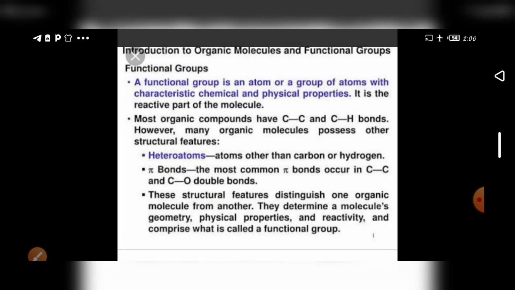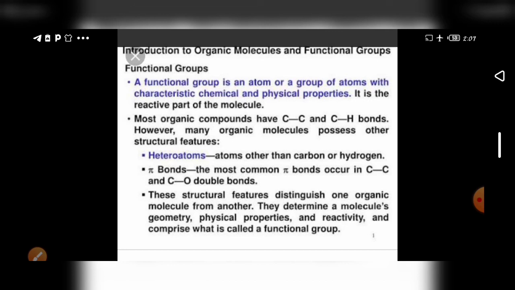Okay, next, introduction of organic molecules and functional groups. A functional group is an atom or a group of atoms which characterizes the chemical and physical properties. It is the reactive part of the molecule. Most organic compounds have C-C single bonds and C-H single bonds.